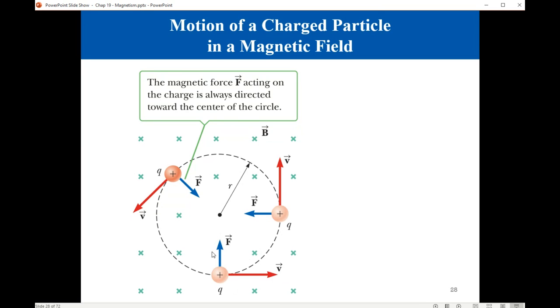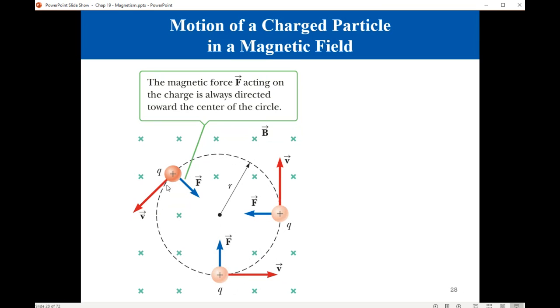So this will be the direction of the force. The acceleration will follow the direction of the force. So the acceleration, which is the change in the velocity, will be going this way, and as a result, the velocity will change its direction, and at any moment, the same story repeats.